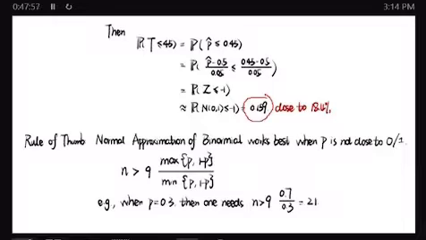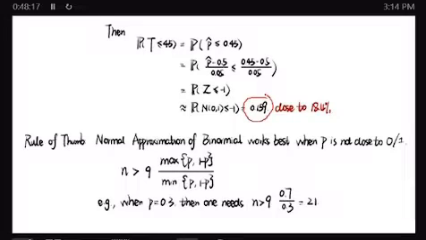But for the actual, it is 0.184. Very close. You see that?